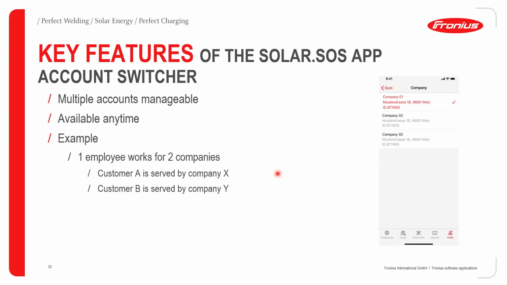So an employee working for company X serves customer A, and the same person working for company Y serves customer B. I must note that you have a maximum of 3 accounts that you can operate in this particular app.